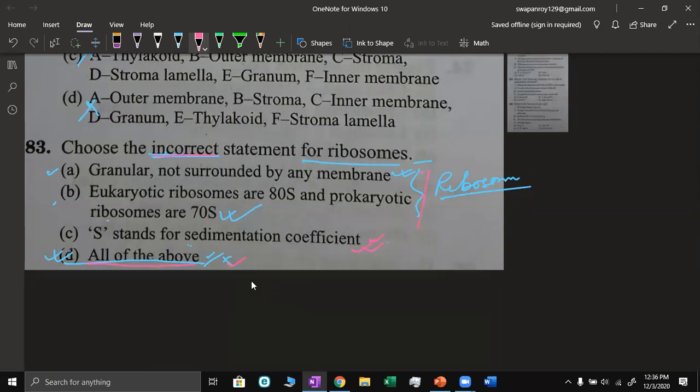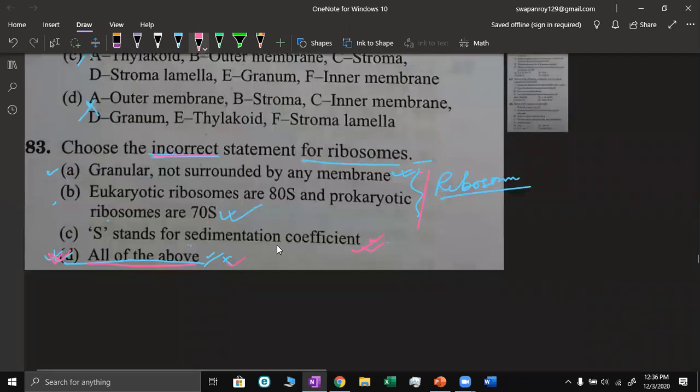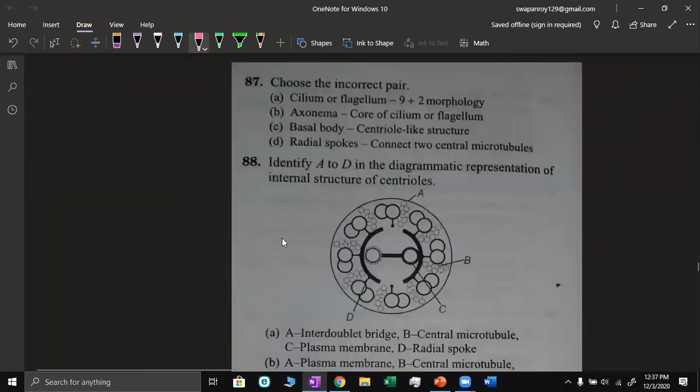These are correct statements. So ultimately, we have to give it here. This question is not properly structured. So here, all of the above incorrect. Which one is incorrect? All of the above incorrect. No. So this one we have to tick. Otherwise, usually the question is not asked this way. Okay, we will move to the next one.